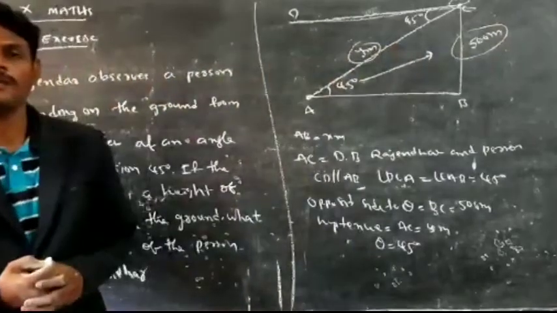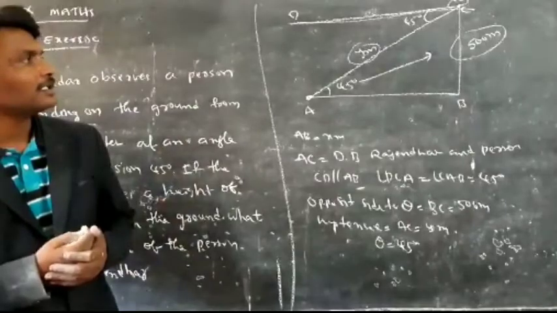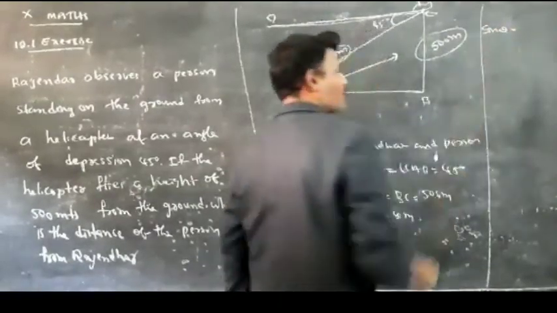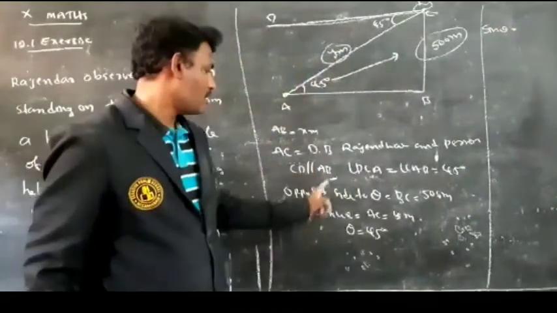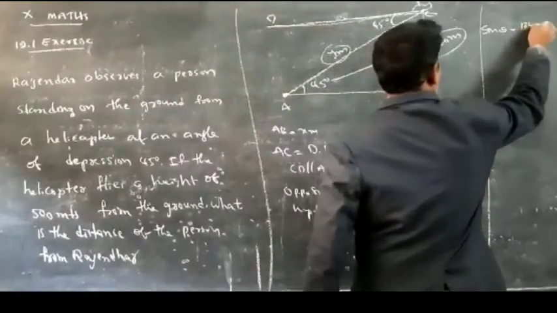So the relation between opposite and the hypotenuse is sin theta. Sin theta is equal to opposite side to theta by hypotenuse. What is the opposite side here? BC by AC.